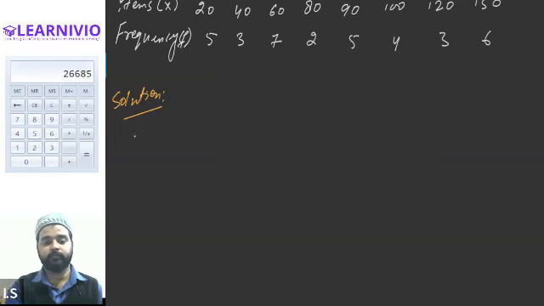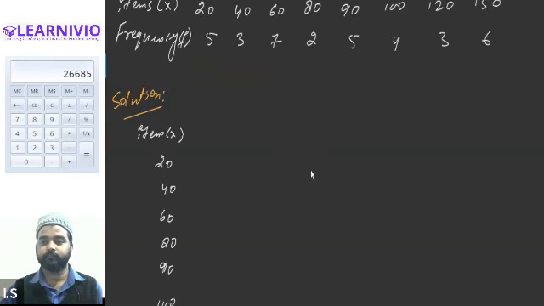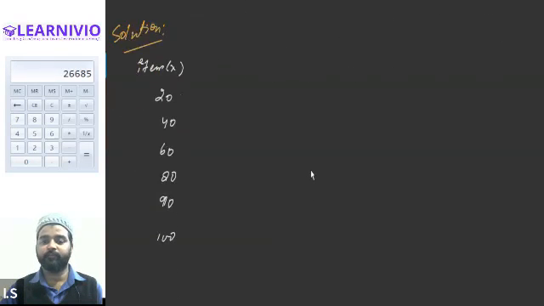To solve this series, we will write down the items in vertical format: 20, 40, 60, 80, 90, 100, 120, and 150.